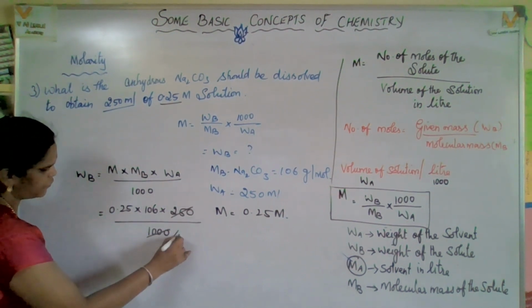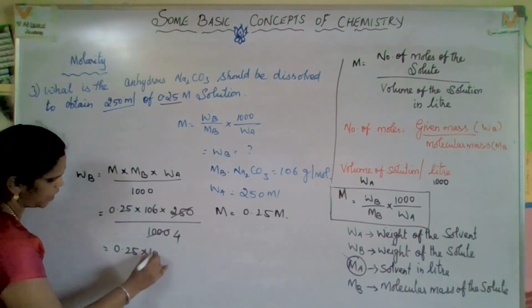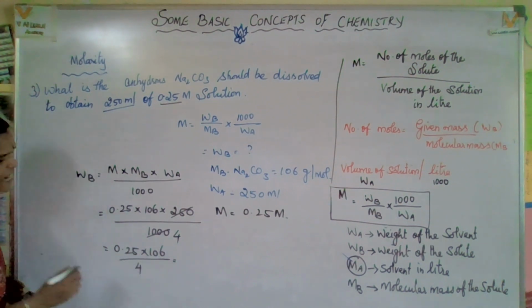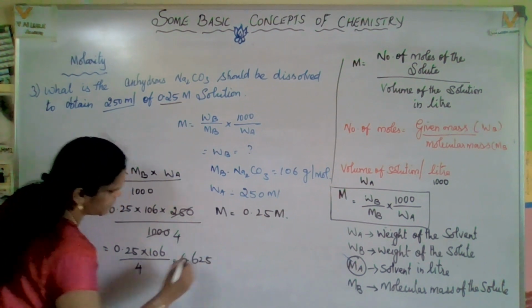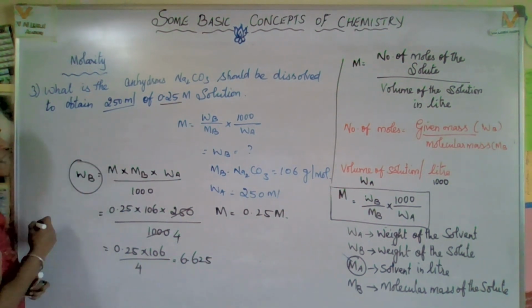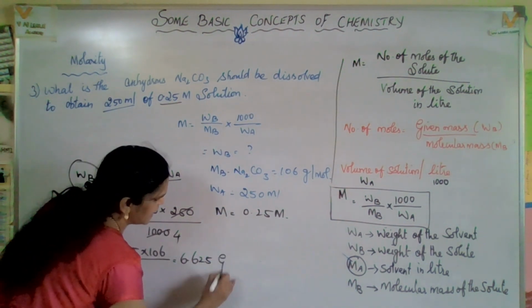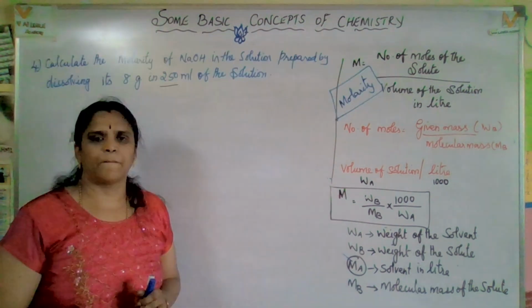Here 4, so 0.25 into 106 divided by 4. You will get the answer 6.625. What unit will you provide? WB is the given mass, so that means grams. G, grams, you will provide that unit.